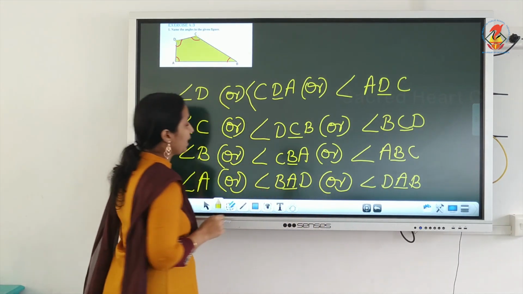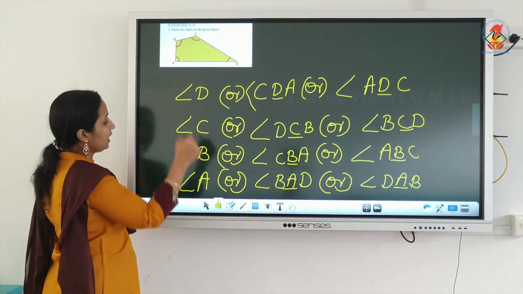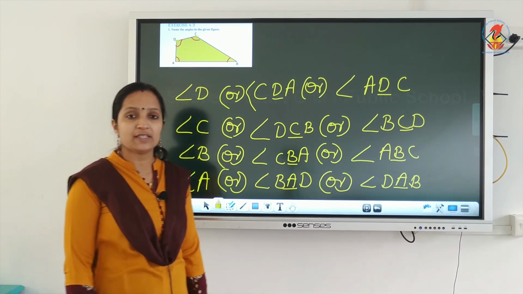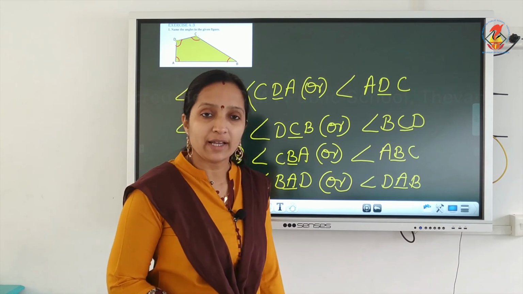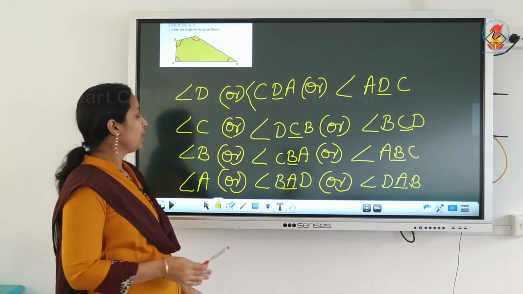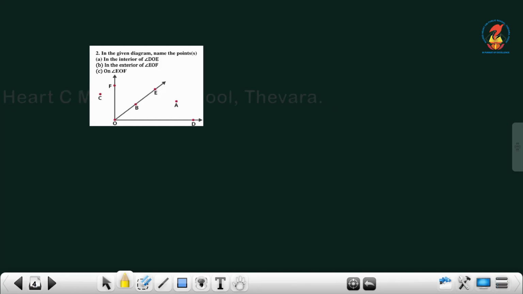And the next one, angle A: DAB one way, BAD the other way. I hope the first answer is clear. We can name angles by using 3 letters or 1 letter. Okay, now the next question.